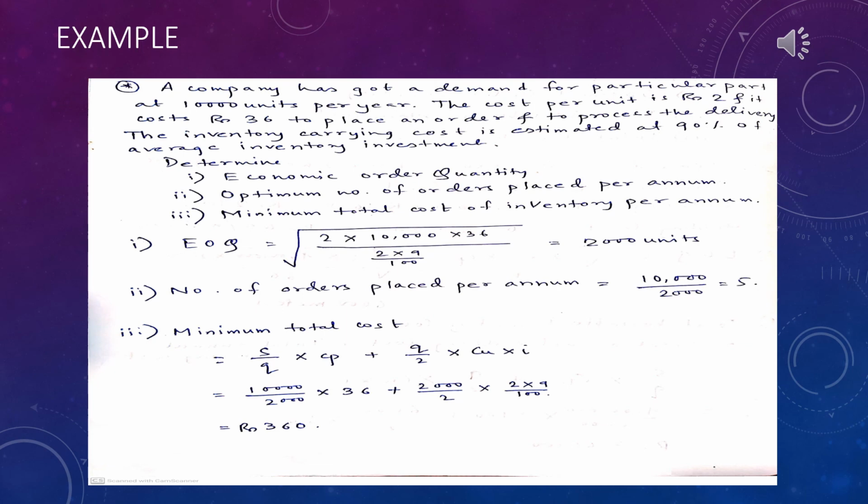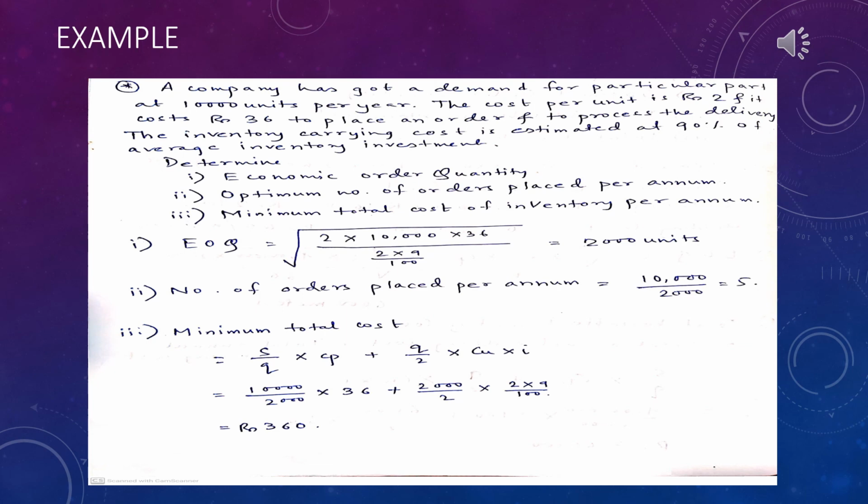From the sum itself, we have S, the annual demand, to be 10,000. The cost of procurement or CP is 36, and the cost of holding should be calculated next. Cost per unit is given as 2, and the inventory carrying cost is 90% of the average inventory investment.